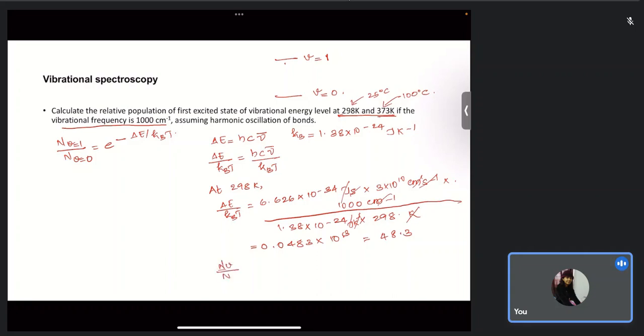Now we have to find N V equal to 1 divided by N V equal to 0. So this is going to be e raised to minus 48.3.